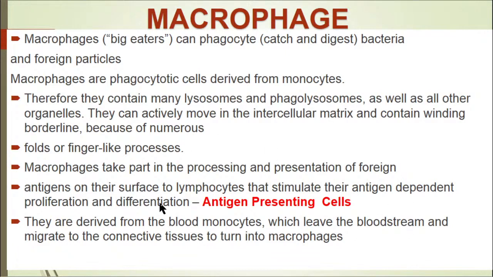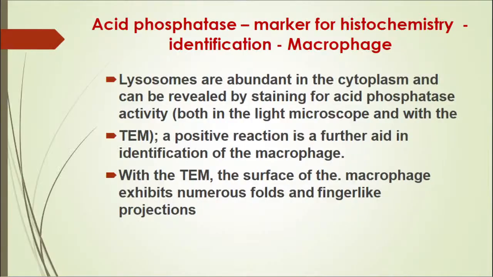And also these cells provide the antigen presenting function. These are antigen presenting cells, and they are processing and presenting foreign particles, antigens on the surfaces for activation of T helpers and T killer cells. They are derived from the blood monocytes and migrated into the connective tissue after differentiation. Acid phosphatase.